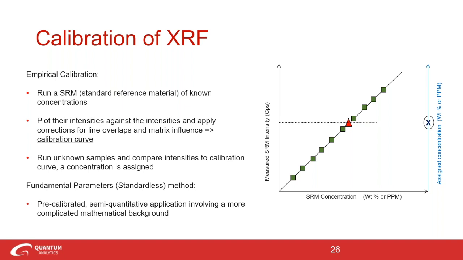So this is including small and odd shaped samples, plus X-ray absorption and enhancement effects, as well as spectral overlaps are included in this equation. An FP is the preferred analysis tool when no reference samples are available, right? So you may have heard of this also called a standardless method.